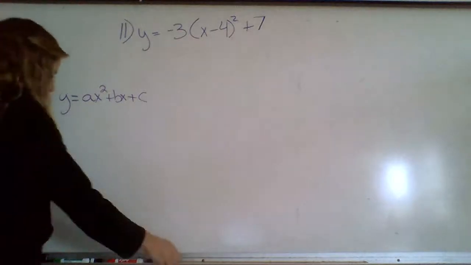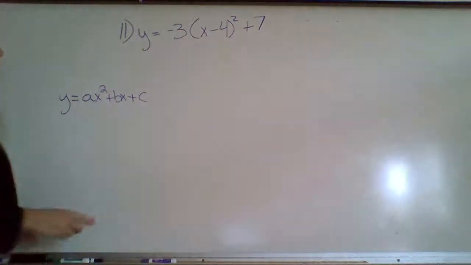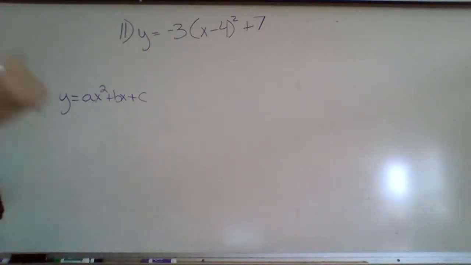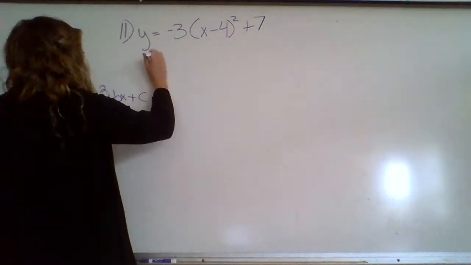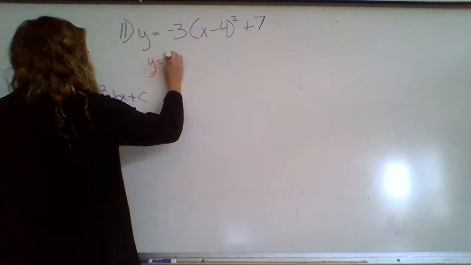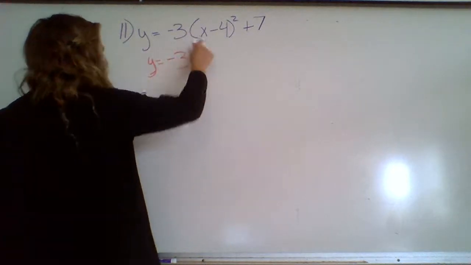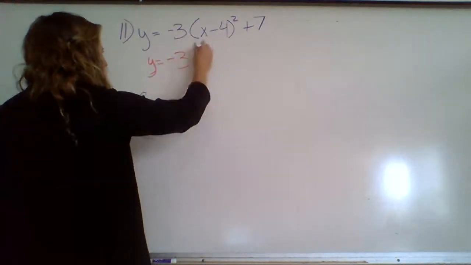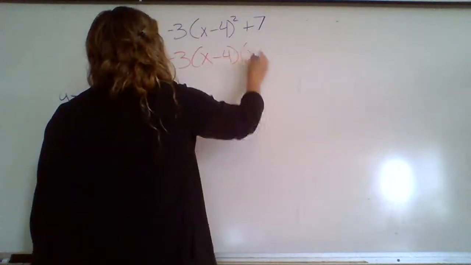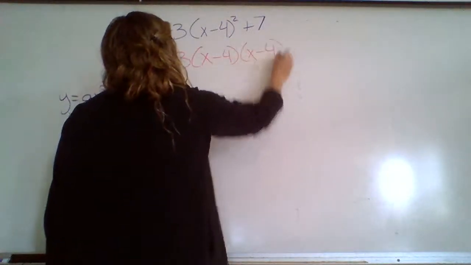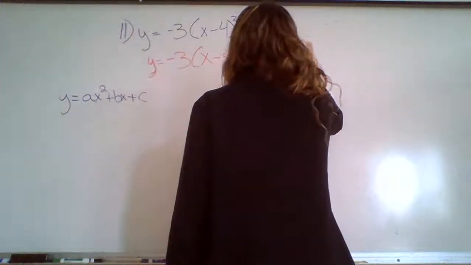So all you do is multiply everything out. So y equals -3, and then x minus 4 squared is x minus 4 times x minus 4, and then you have this plus 7.